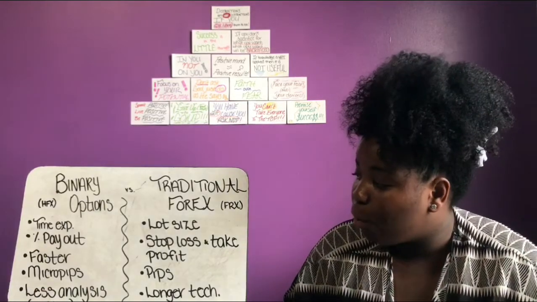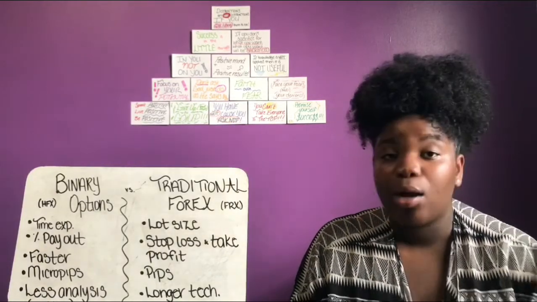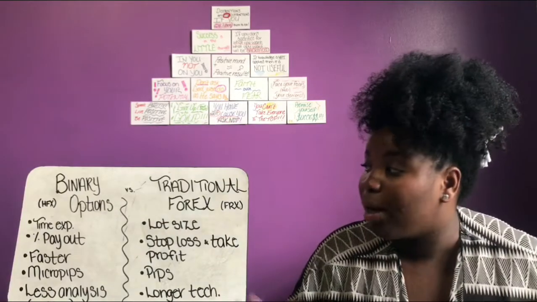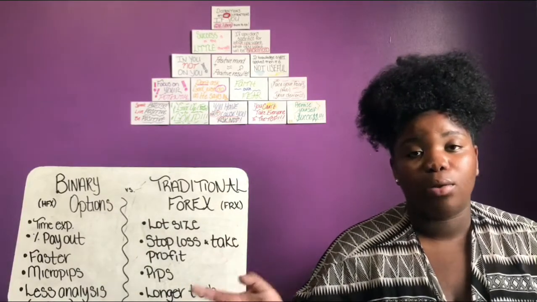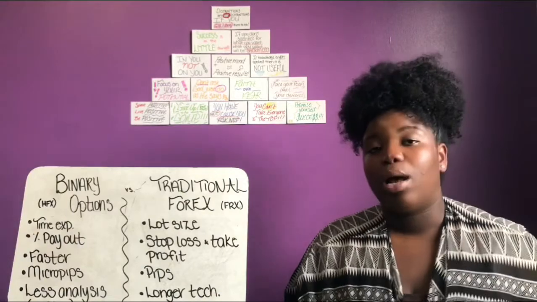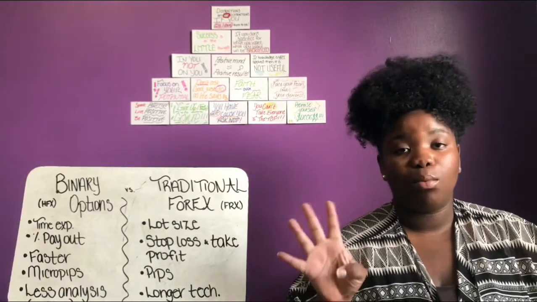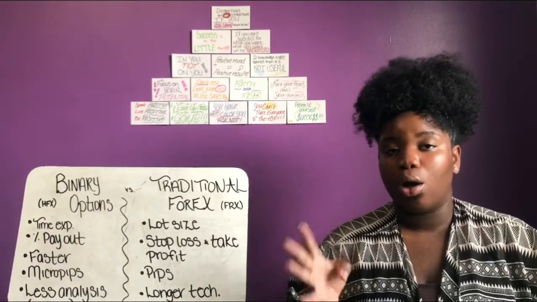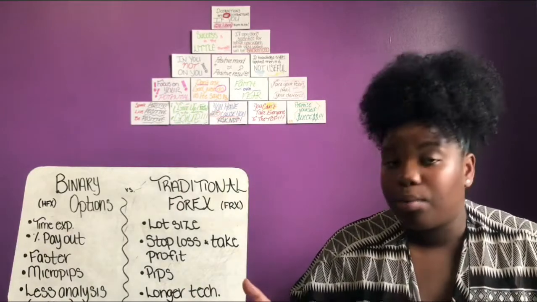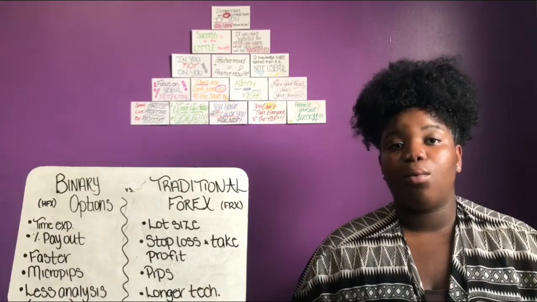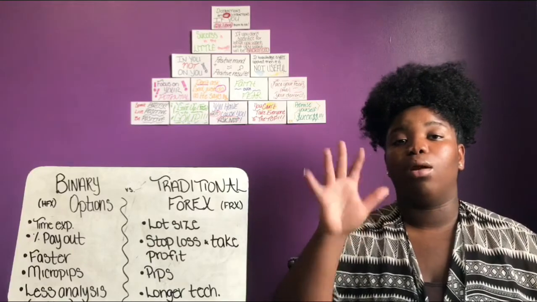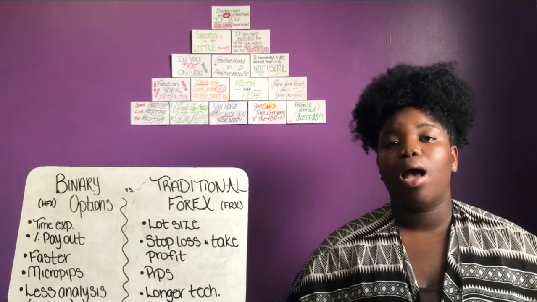As I mentioned before, you'll be trading off of micro pips within the binary options field of Forex. As we know, the pip is the fourth decimal number out of most pairs or crosses, and the micro pip is the fifth. So instead of waiting for the fourth, we'll be waiting for the fifth to hit to determine how we're going to trade.